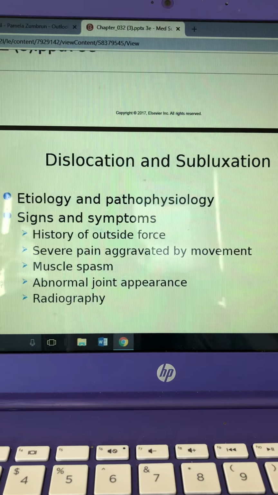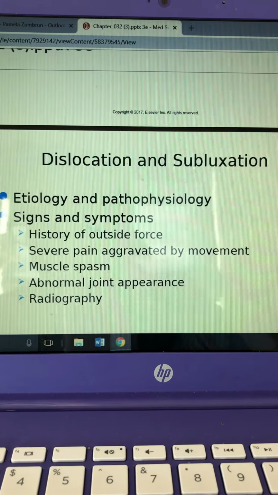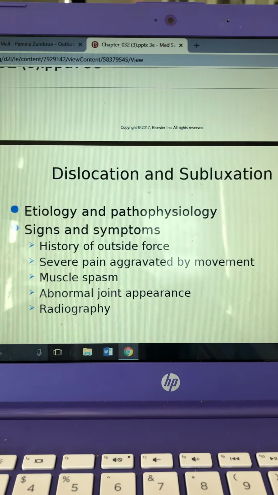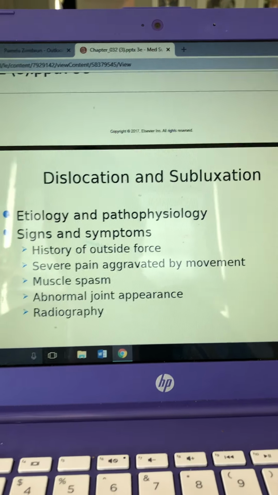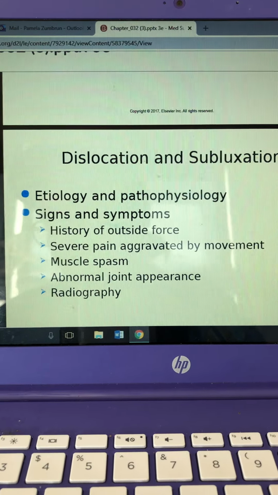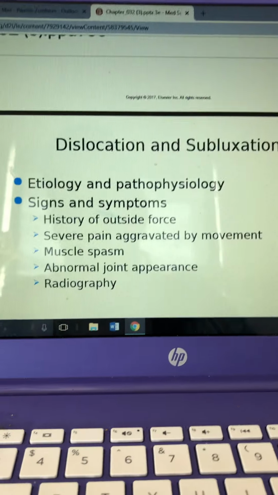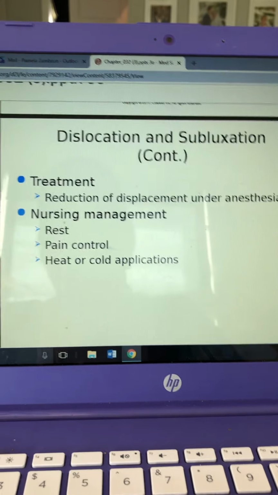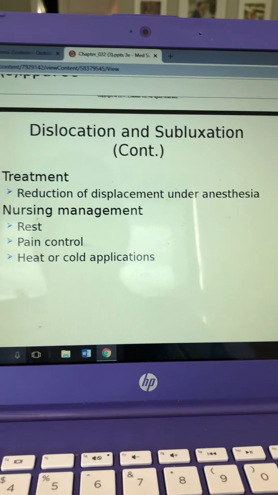So there is a tearing of ligaments around the joint, and it is very painful. Reduction, or getting it back in place, can be very painful. Usually surgery is required for repairing or reducing what's going on, under anesthesia.